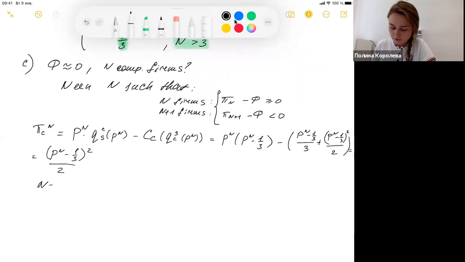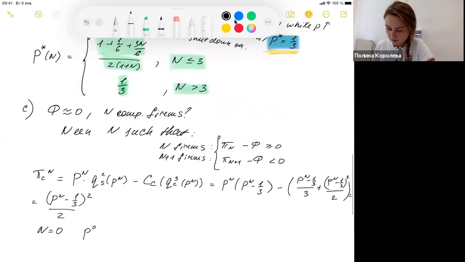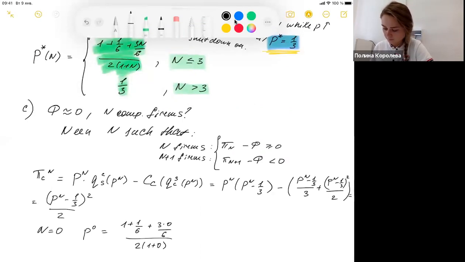If the number of firms equals 0, the price in the market, which we counted, will be 1 plus 1/6 plus 3 multiplied by 0/6 over 2 multiplied by 1 plus 0. And this is 7/12.